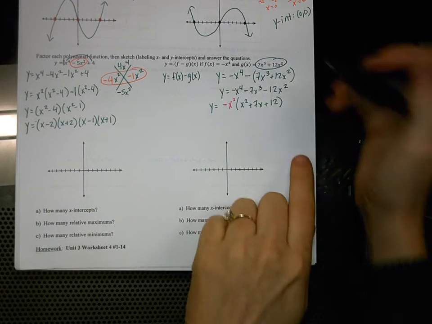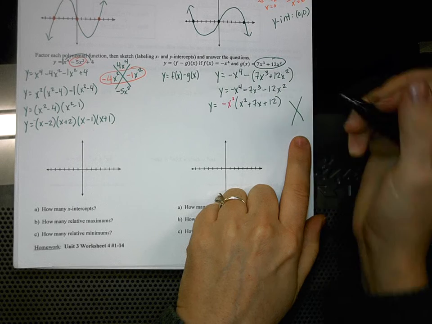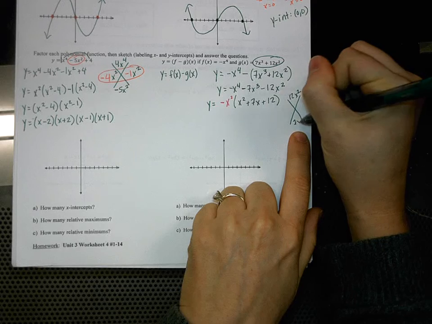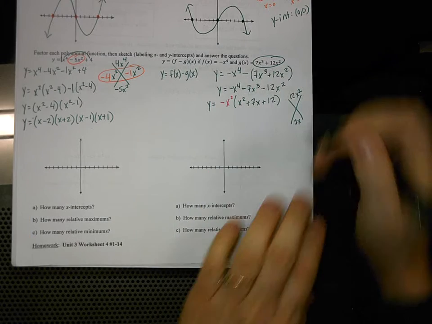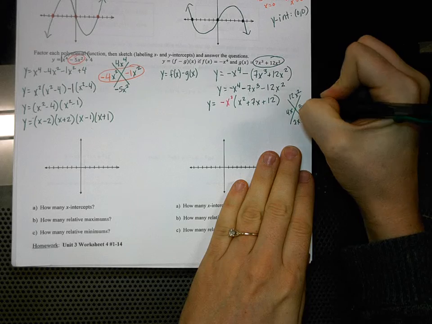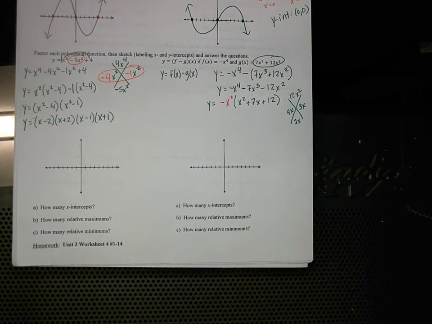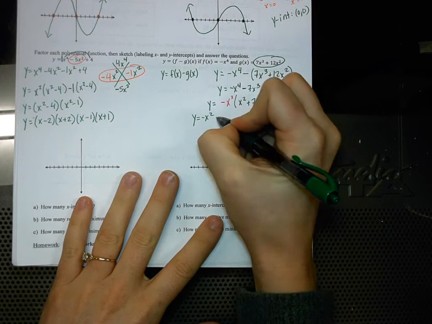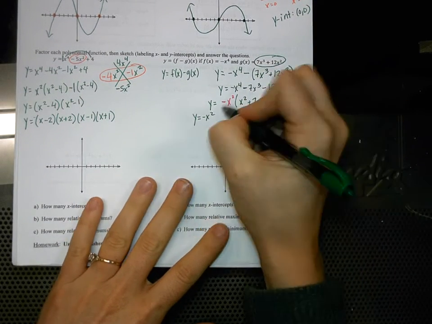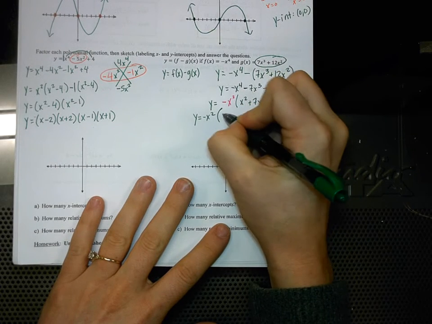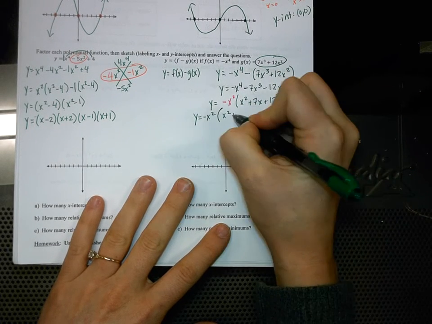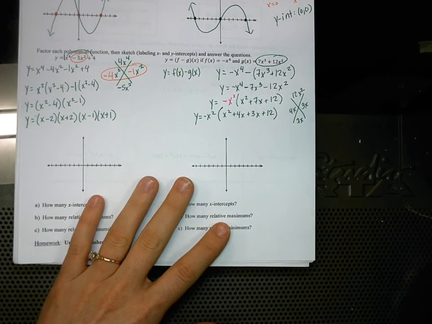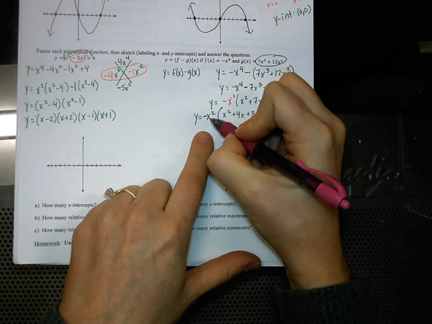And we want to determine what two numbers multiply to get 12x squared and add to get 7x. What are those two numbers or terms? 4 and 3. 4x and 3x are the terms that I'm going to replace the 7x with. Okay, so the negative x squared still stays out to the front.